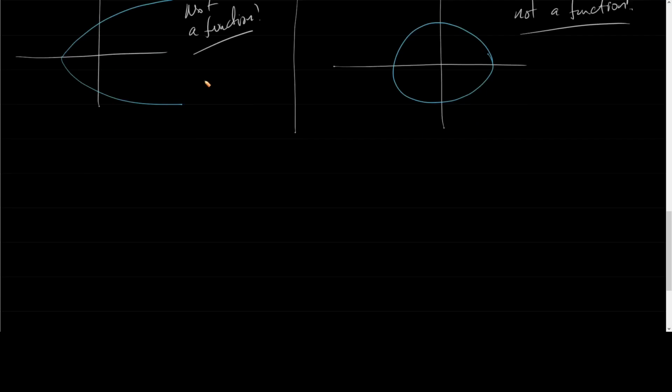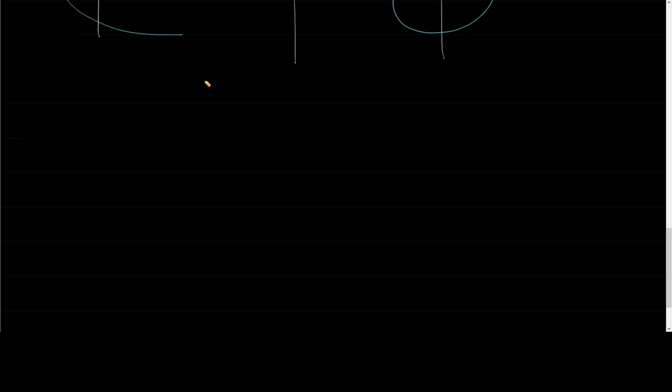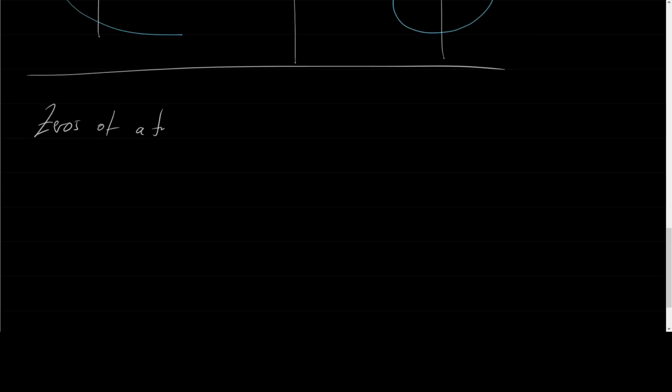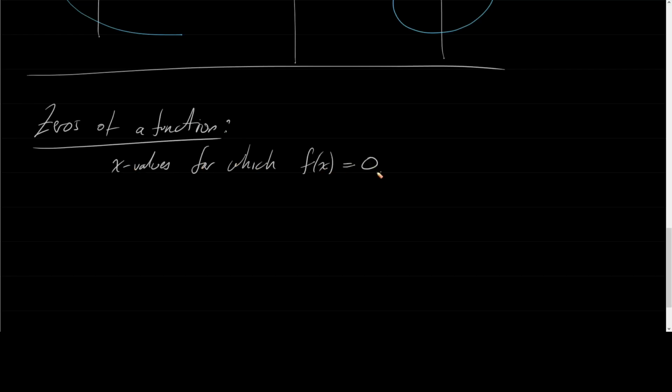All right. Now, let's talk about something called the zeros of a function. The zeros of a function are the x values for which f of x is equal to 0.